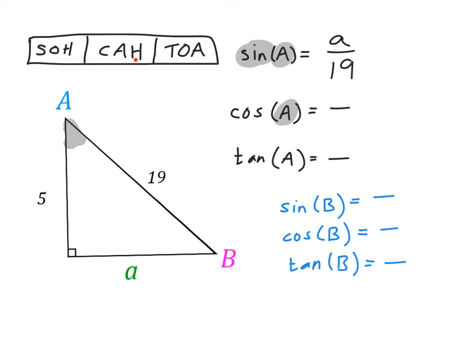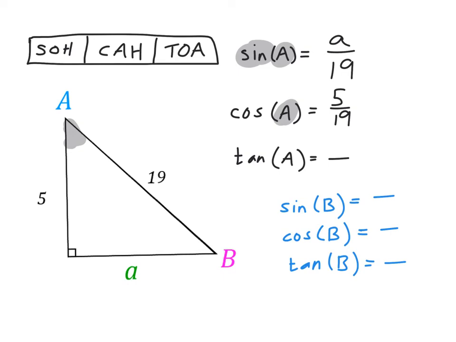So I want the adjacent on top and hypotenuse on bottom. So from angle A, what's my adjacent? Adjacent is kind of the one that's not the opposite or hypotenuse. And so my adjacent in this case is going to be 5. So 5 is going to go on top. And then A over H, so my hypotenuse again is 19.